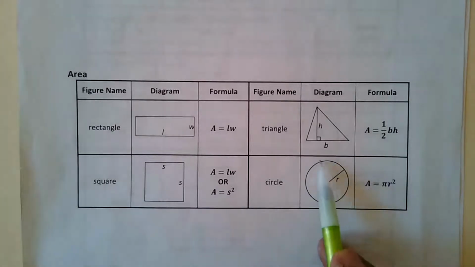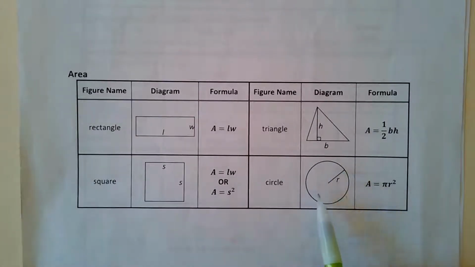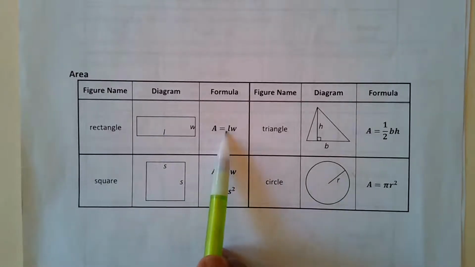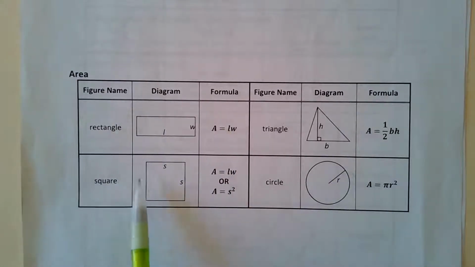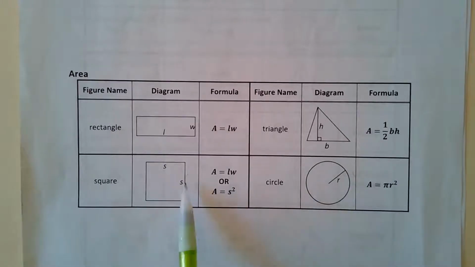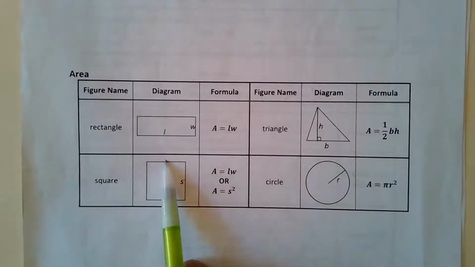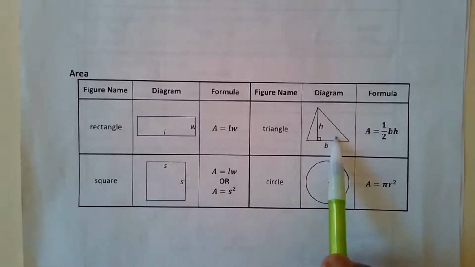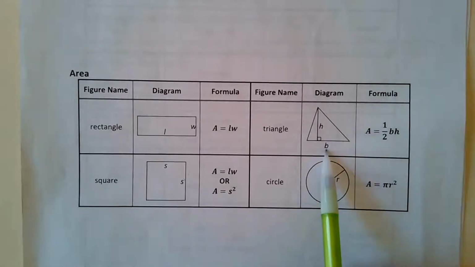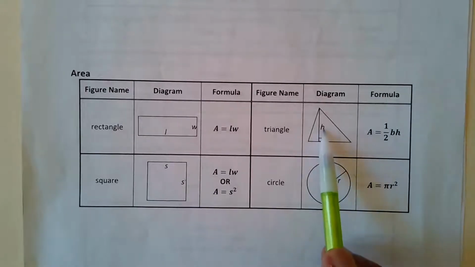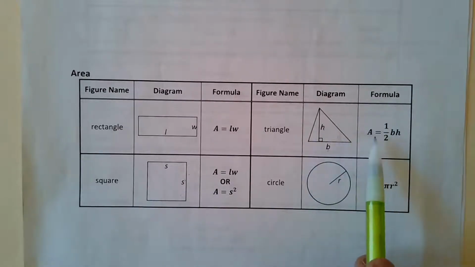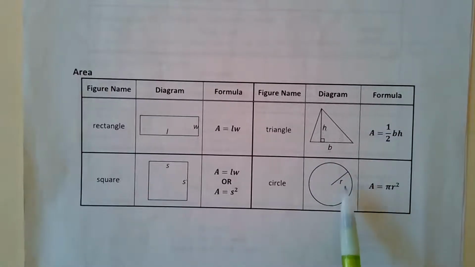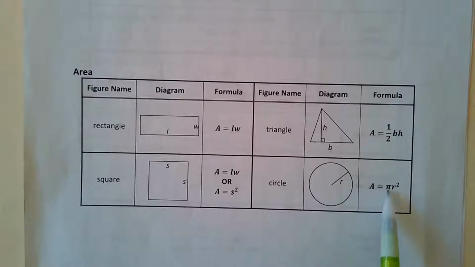In this case, we have area of a circle, area of a rectangle, which is length times the width. Area of a square is the length times the width, or the side times the side, because all the sides are equal in a square. The area of a triangle is the base, for this b, times the height divided by 2, or half base times height. The area of a circle is pi r squared.